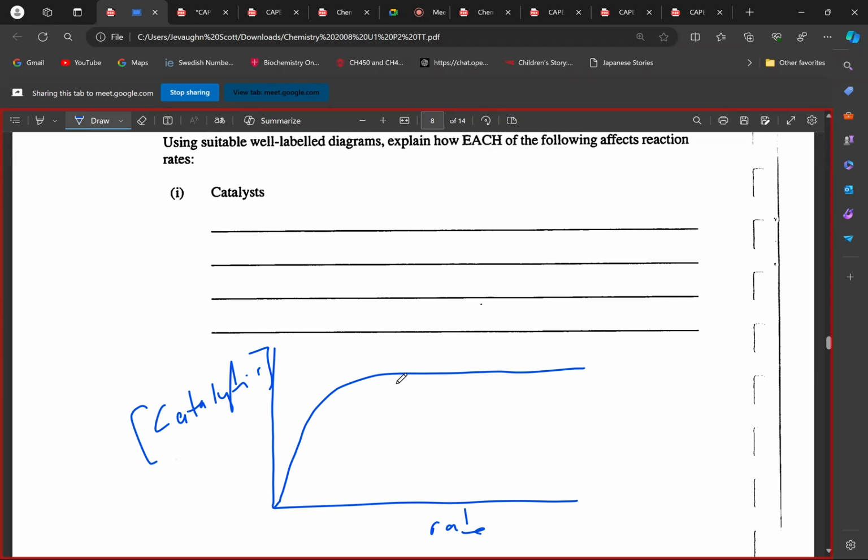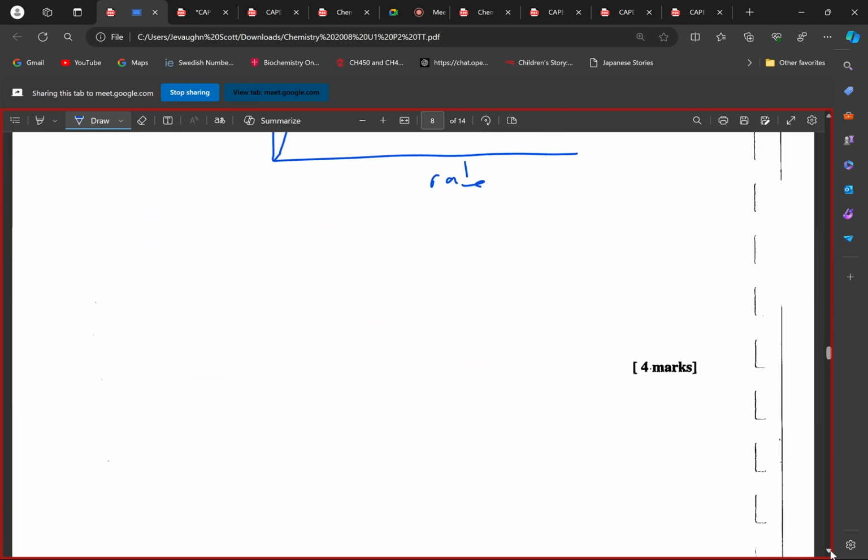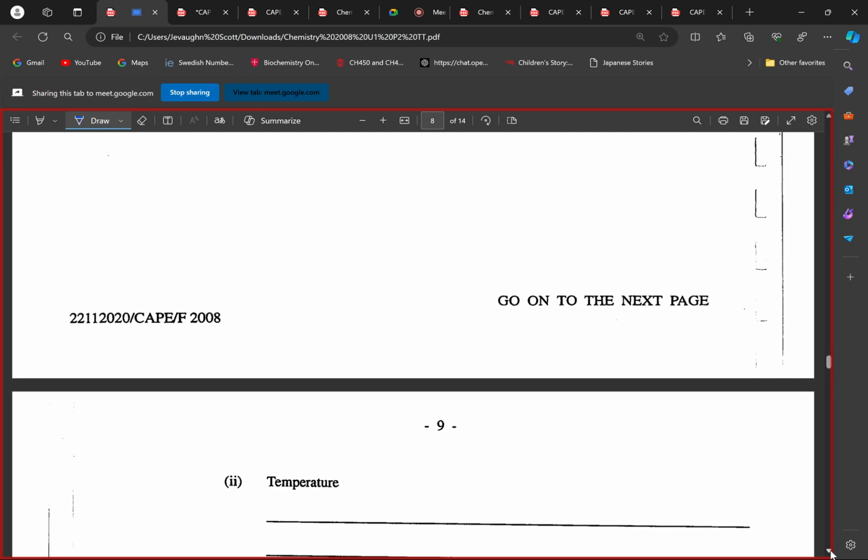So catalyst will increase the rate of reaction until the reaction rate reaches some plateau, because at a certain point you can increase the amount of catalyst, but that won't necessarily affect the rate of reaction. So generally, that should be how it is written there. That should be generally 4 marks for your explanation.